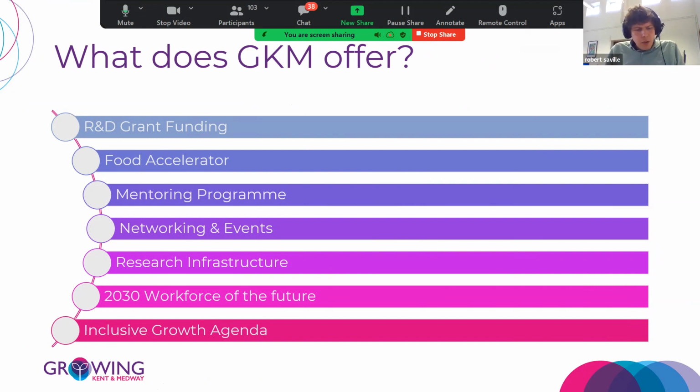We offer business support through the Growing Kent and Medway Food Accelerator, a mentoring programme run by University of Greenwich and University of Kent, respectively. At the centre of what we do is creating a business and research network and facilitating connections and collaborations through events.